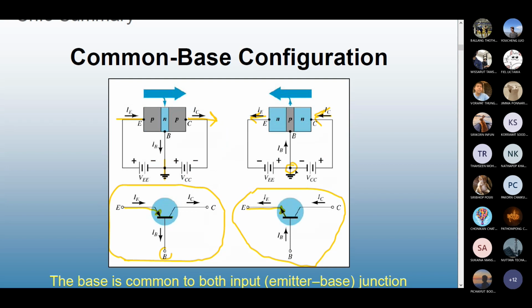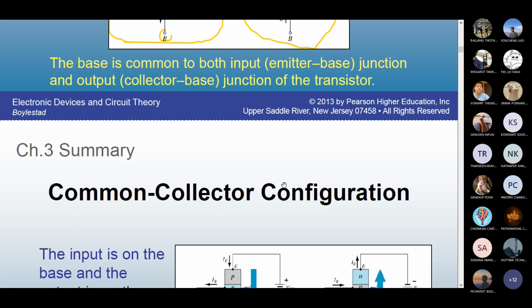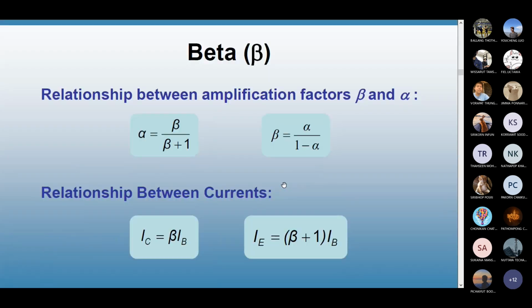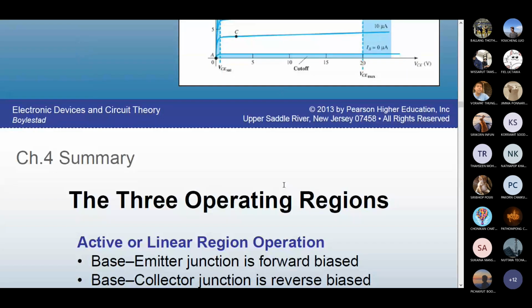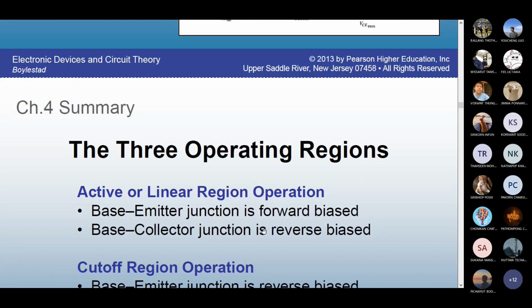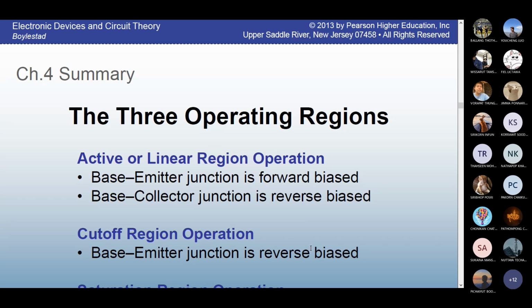In the active region, I believe it is referring to a common base NPN. The base emitter junction here is forward biased. So let's come back to the slide. The base collector junction is reverse biased, which is also true for the active or linear region.